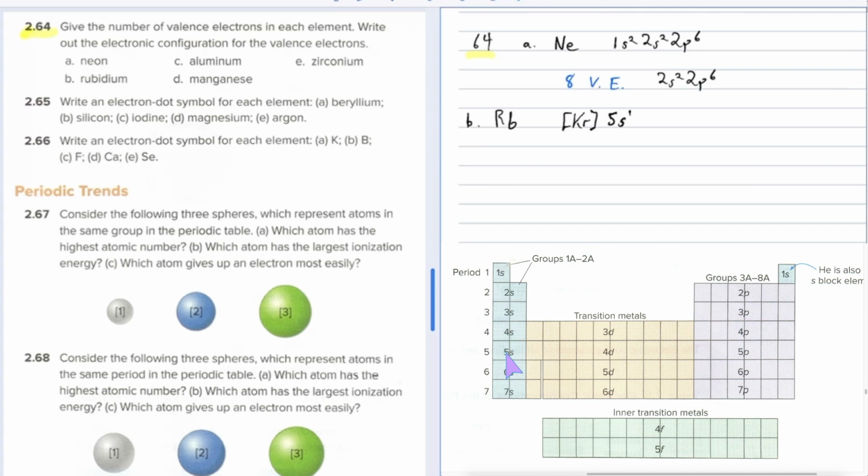So you don't even have to worry about that part. This is the highest energy level electron. There's only one electron in the fifth energy level. So we say there's one valence electron, and the electron configuration of the valence electrons is simply that.